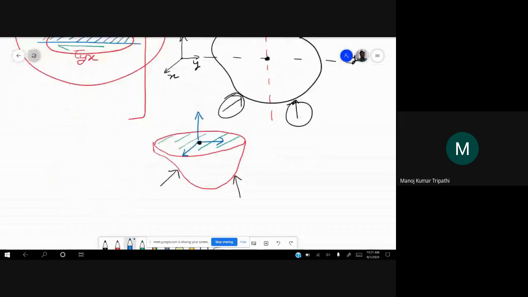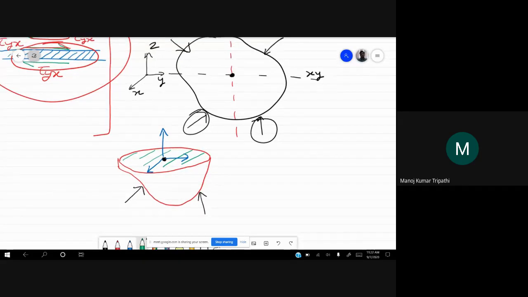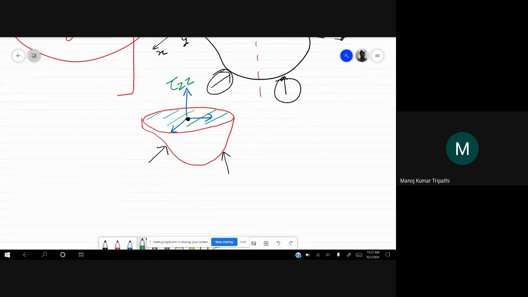Similarly, let us name them also here for now. This one, the normal force, will result in tau zz, that is pointing in the z direction, and the surface has its normal in the z direction.